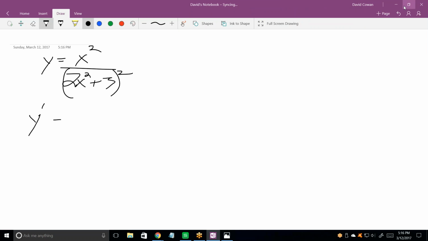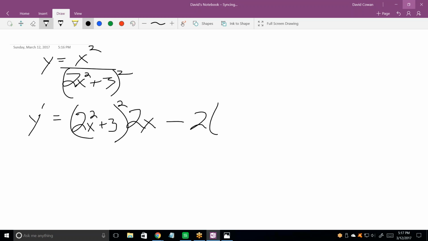First, multiply the bottom, so 2x squared plus 3 squared. The derivative of the top, so 2x, minus 2 times 2x squared plus 3.